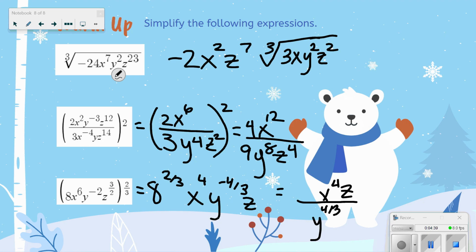If I have my power as a fraction and the denominator's 3, does anybody know what that's the same thing as? You're right, it is a cube root. So this is the same thing as the cube root of 8 to the second power. What do we know from here? What would 8 to the second power become?